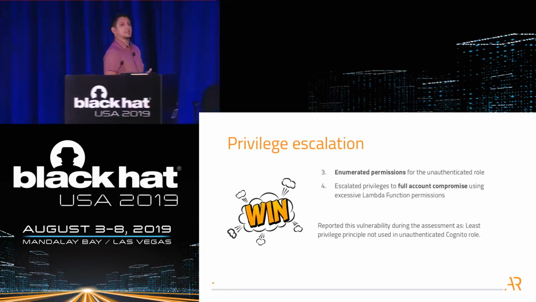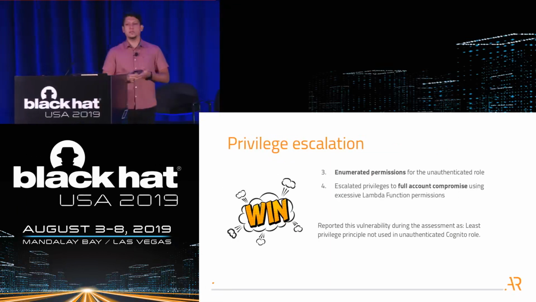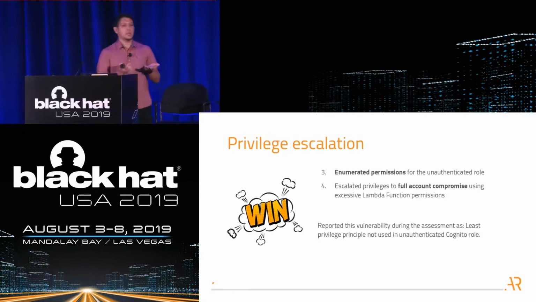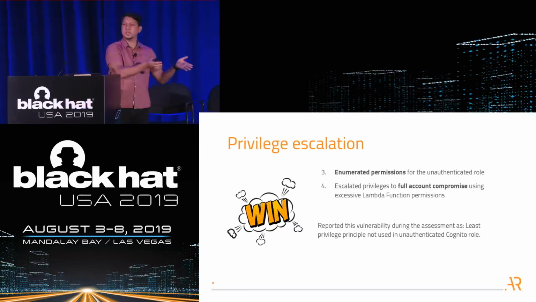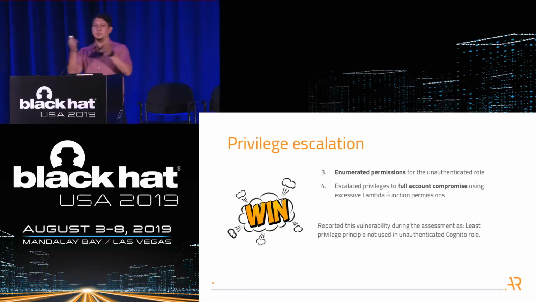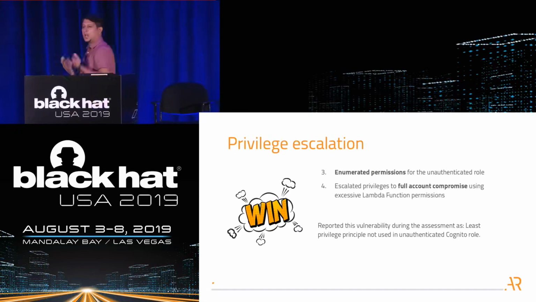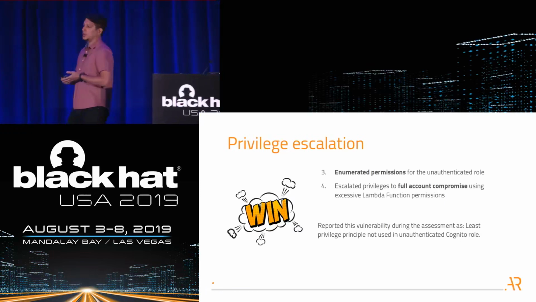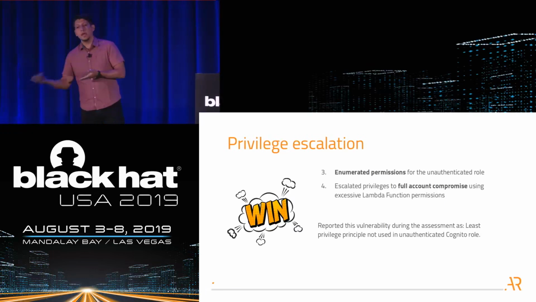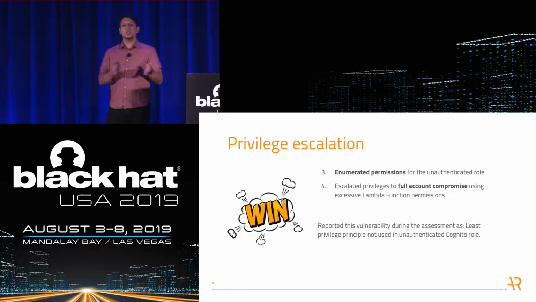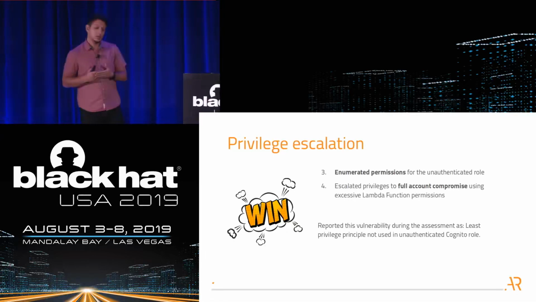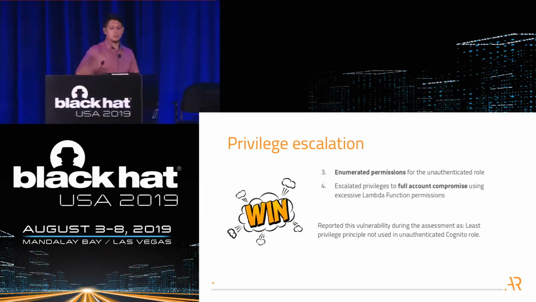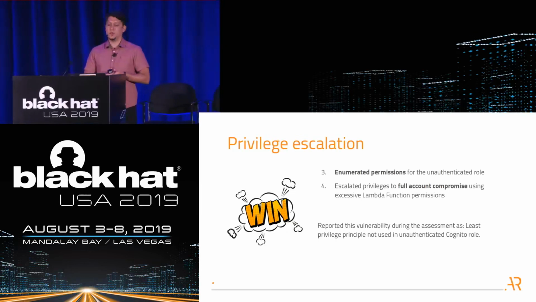The next steps that I took in order to own that AWS account were to enumerate permissions, because I had credentials, but I had no idea which actions I could take with those credentials. So I enumerated permissions and then used different privilege escalation techniques to elevate privileges and gain access to the AWS account.